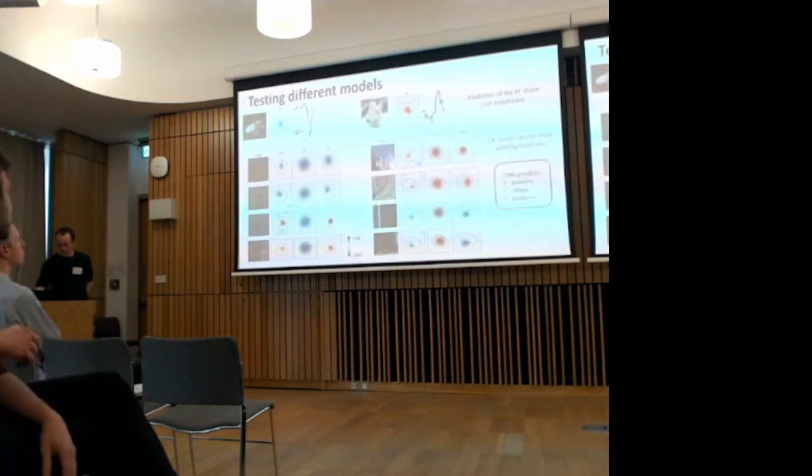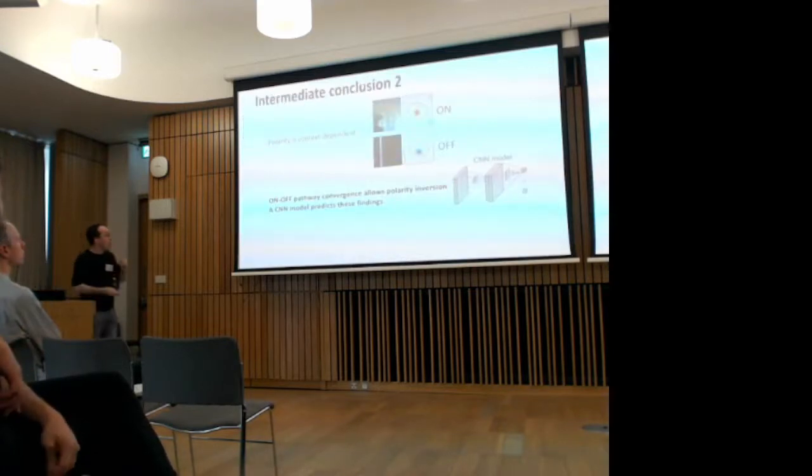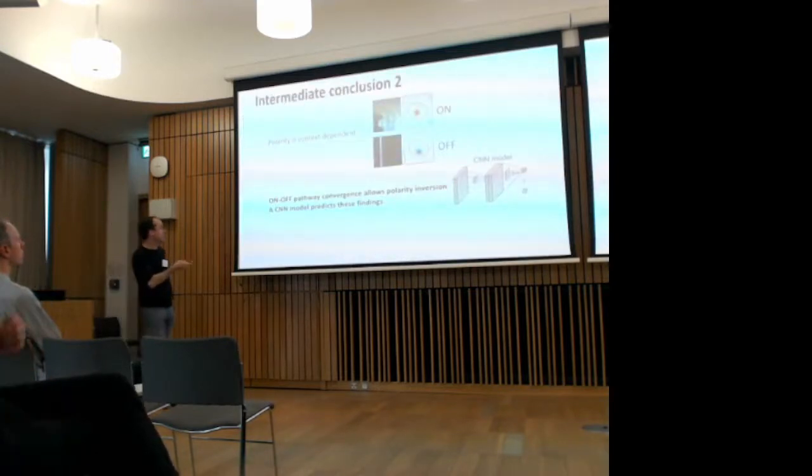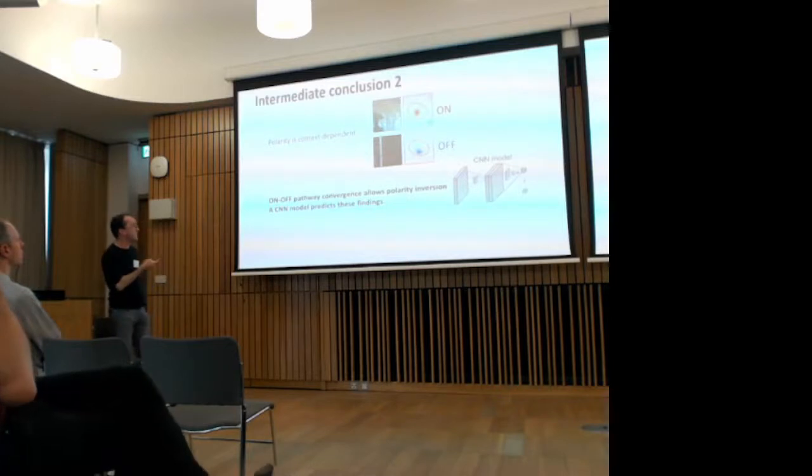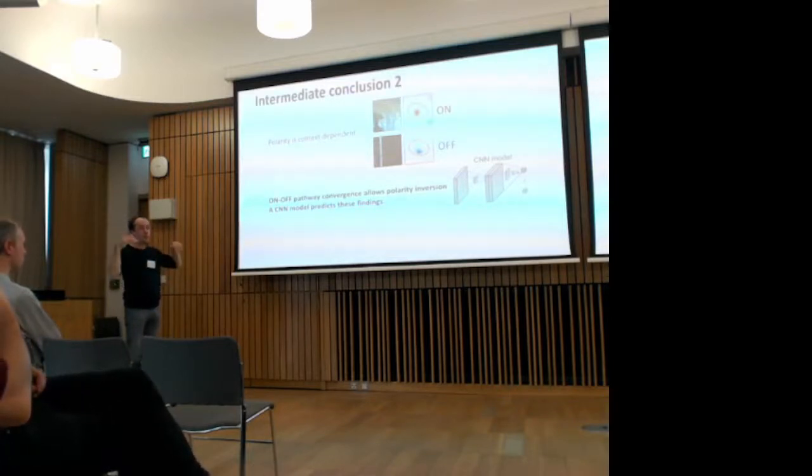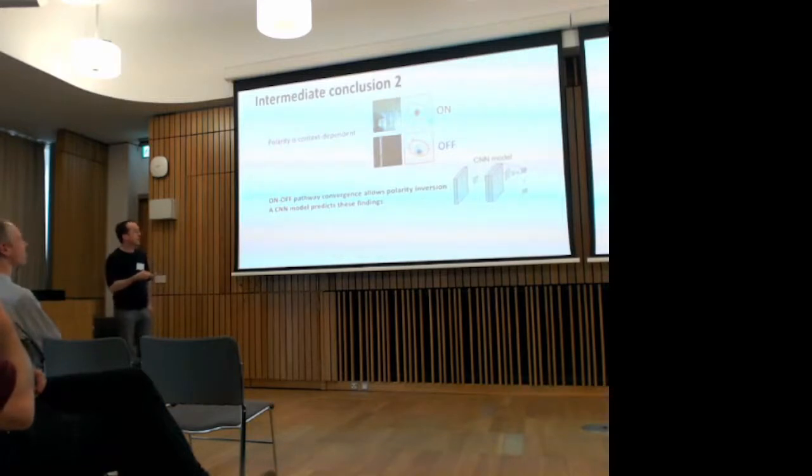Anyway, we're happy. We have a CNN model that predicts this finding, and long story short, on the mechanistic side, you need a convergence of the on and off pathway inside the retinal circuit to make it happen. So polarity is context dependent, and you have a CNN model that can replicate it.